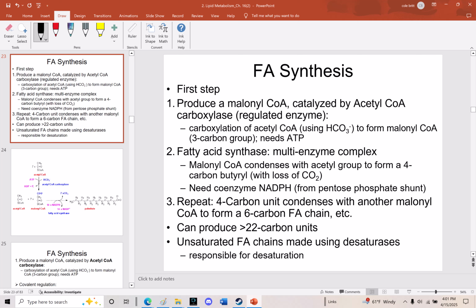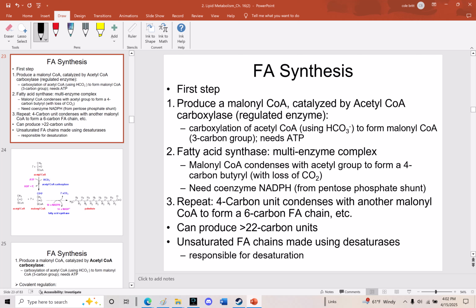Step 2. This picture right here. But I'm going to tell you exactly the takeaway from that. Step 2 of fatty acid synthesis is a multi-enzyme complex, which is why there's this really long diagram showing how it works.